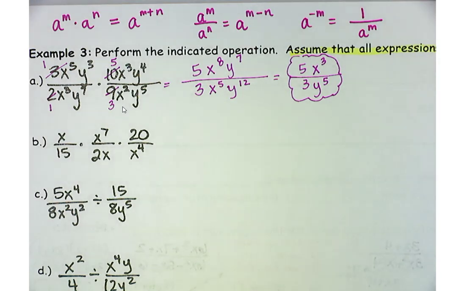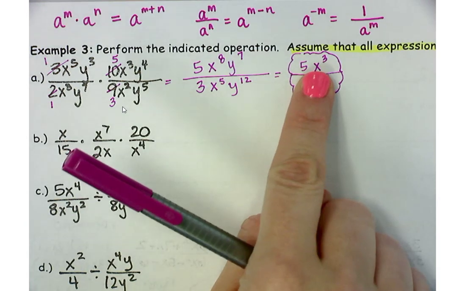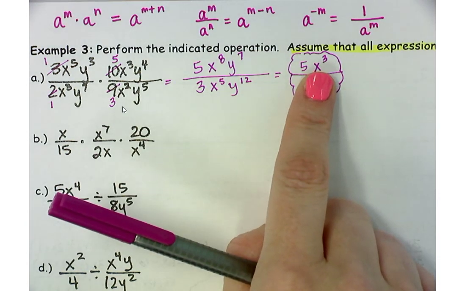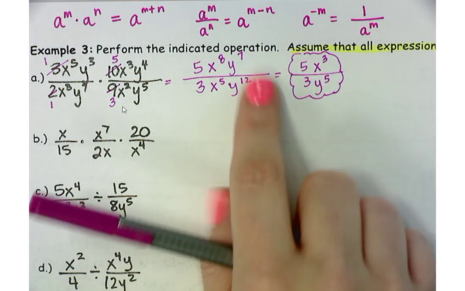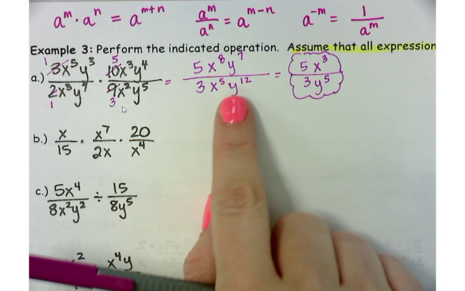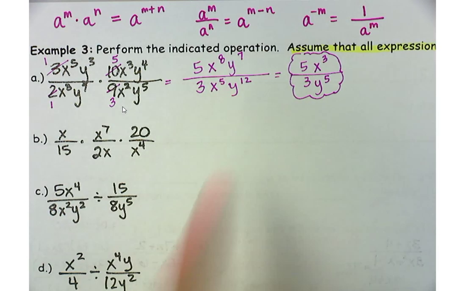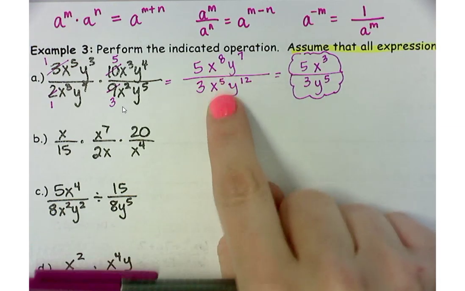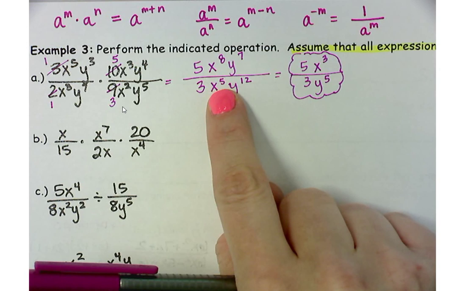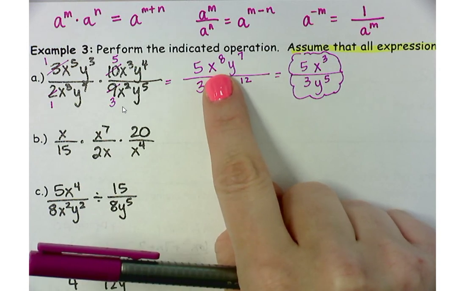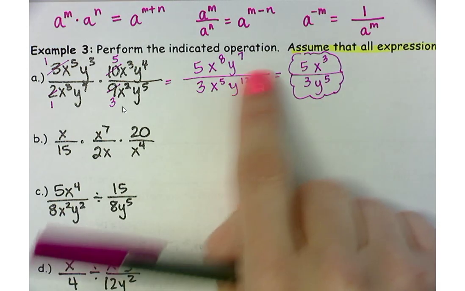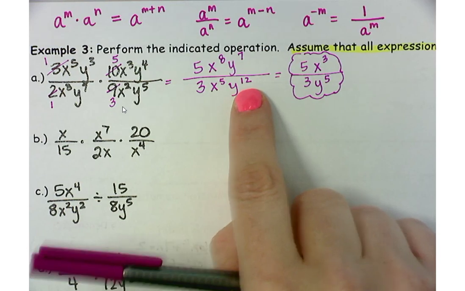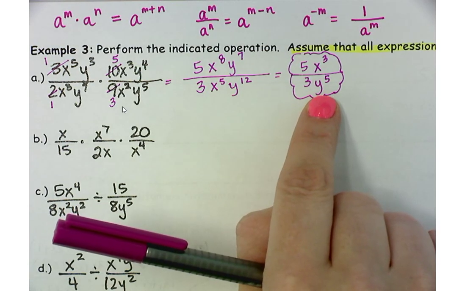All the y's ended up on the bottom. How does that relate to what we have here? Yeah, Ria? If there's more x's on the top. Exactly. So which exponent is higher, the one on top or the one on the bottom? On top for x. So x ended up on top. For the y's, the larger exponent was on the bottom, so that's where your y should be. So you can always use that to double check, okay? All right, why don't you try B?